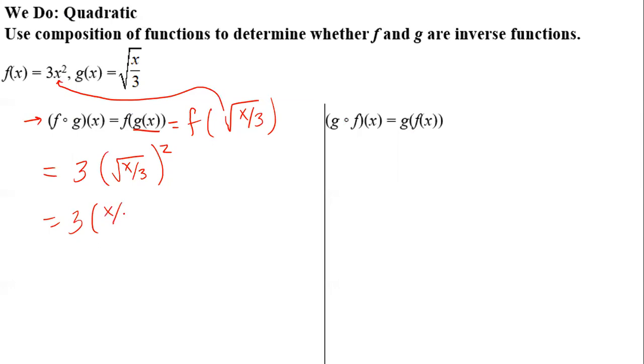So I'm just left with x divided by 3. 3 times x divided by 3, and that equals what? It just equals x because your 3's equal 1, which can become Casper, the friendly one.